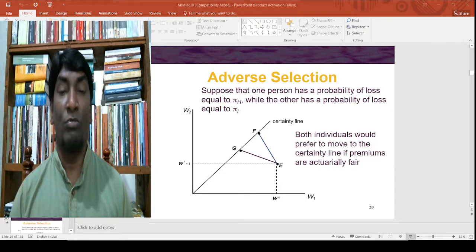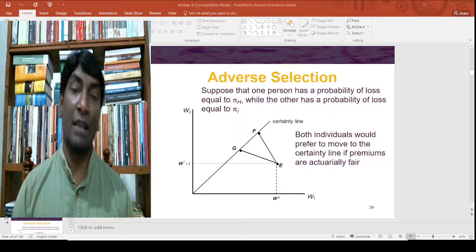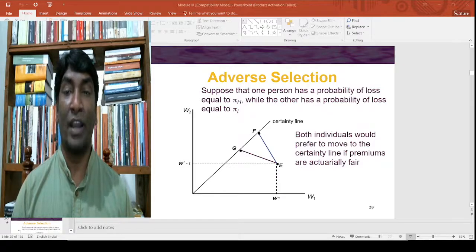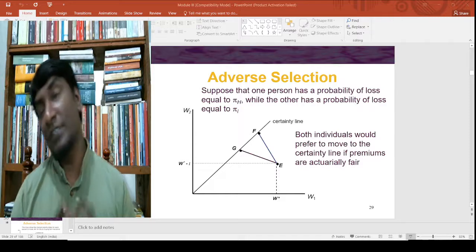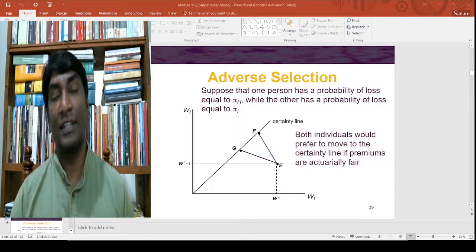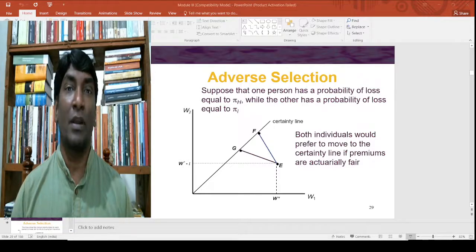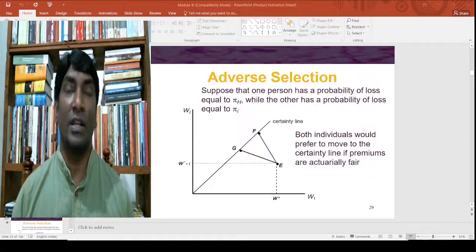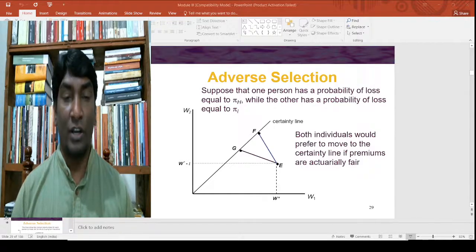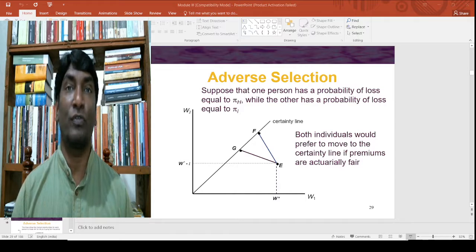So you will always go at a lower premium, at the same time you may be away from certainty. This is why I said in the earlier lecture that even if you talk about bumper to bumper insurance, you are not completely insured, because the company is not giving you full cover.